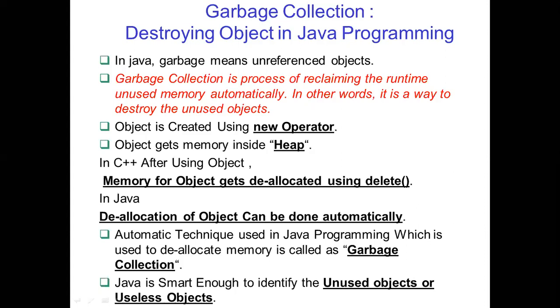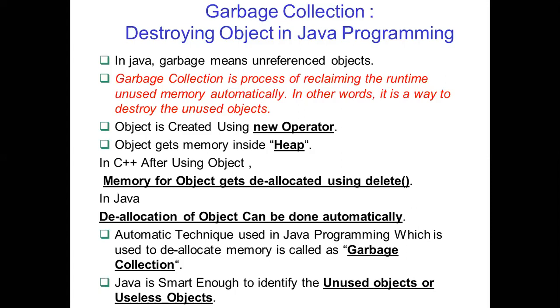Some memory is going to be wasted after the creation of objects. Unreferenced objects that are not useful for us are going to occupy memory. That's not required, so it can be reclaimed automatically. In other words, it is a way to destroy unused objects. They are destroyed automatically.